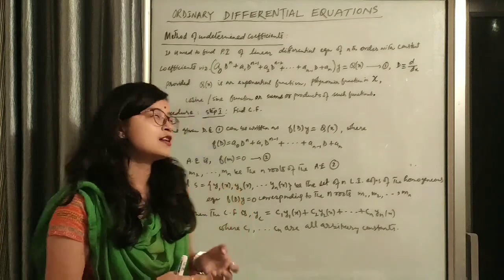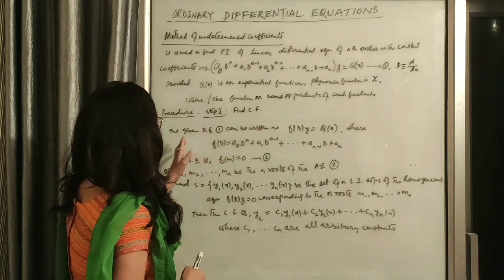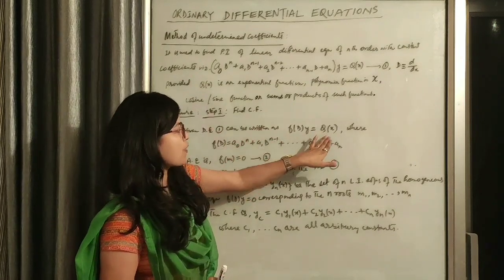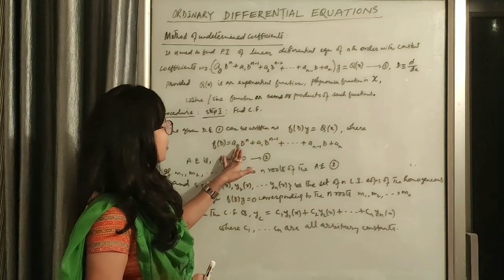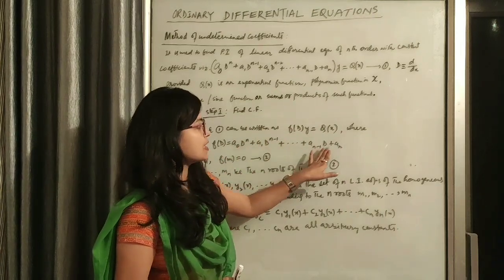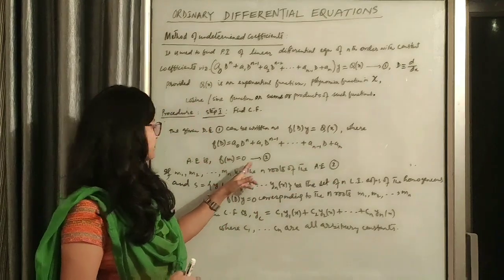The first step is to find the complementary function of the differential equation. The differential equation can be written in this form: F(D)y is equal to Q(x), where F(D) I am taking as a naught D to the power n plus a1 D to the power n minus 1 plus up to a n minus 1 D plus a n. The auxiliary equation is F(m) equal to 0.